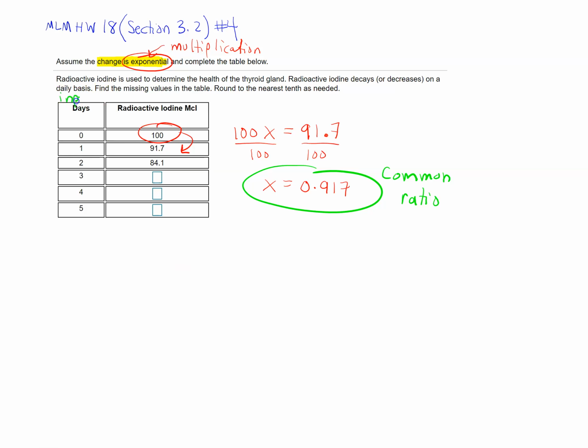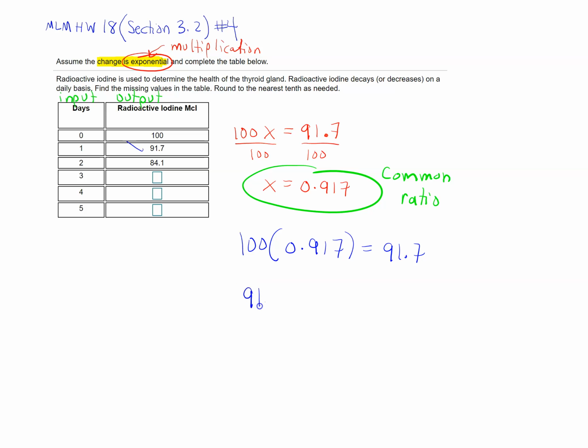So my inputs are the number of days, my outputs are the amount of radioactive iodine that's remaining. So at day 0, there was 100 MCLs of this radioactive iodine. Then let's just double check this. If I take 100 and multiply it by my common ratio, that gives me 91.7 MCLs of iodine.